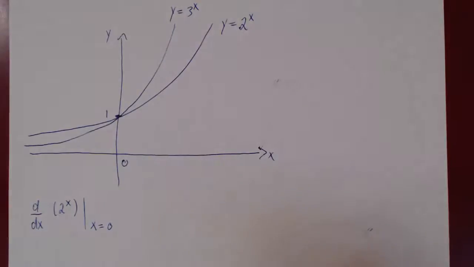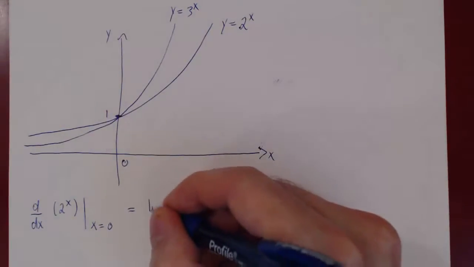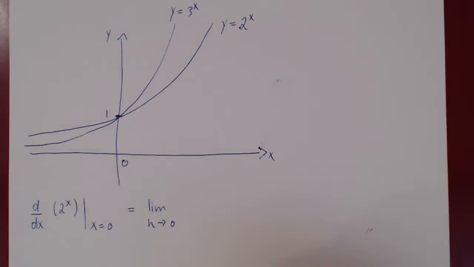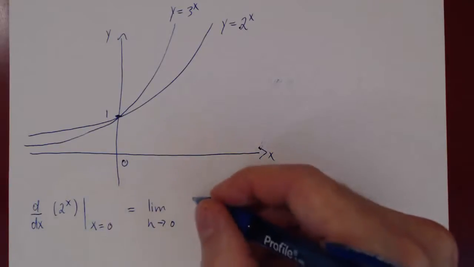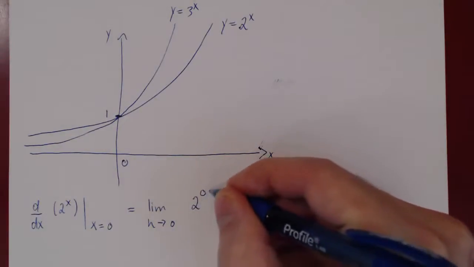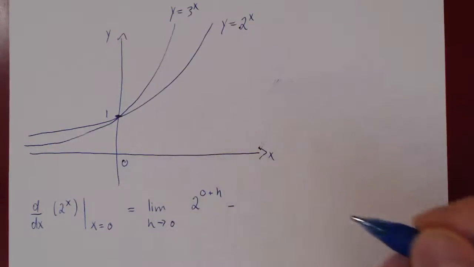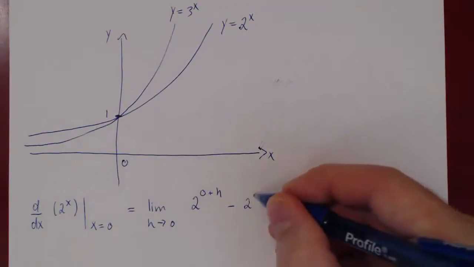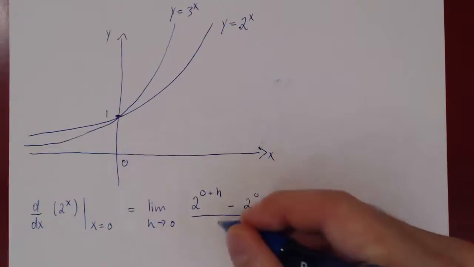And here we have to go back to the definition of the derivative. So this is the limit as h approaches 0 of the function at x plus h, but x is equal to 0, so we'll have 2 to the 0 plus h, minus f of x, but x is 0, so 2 to the 0, divided by h.